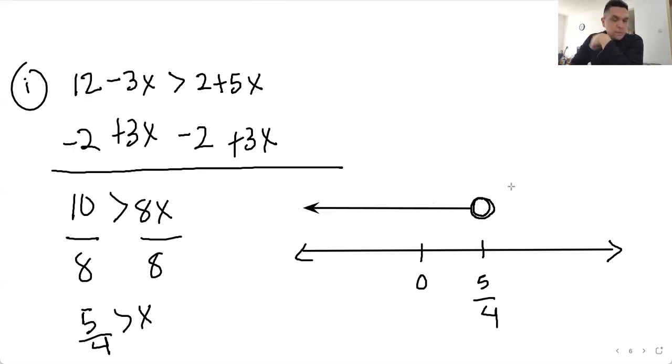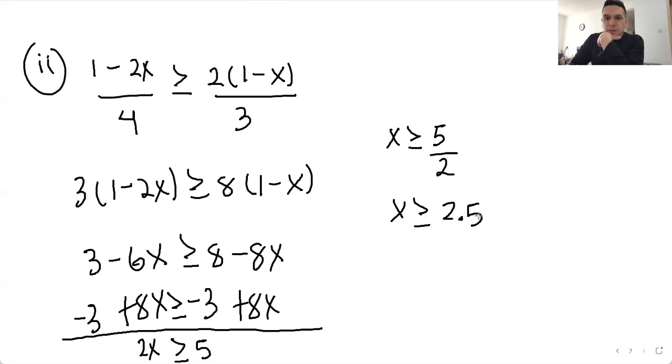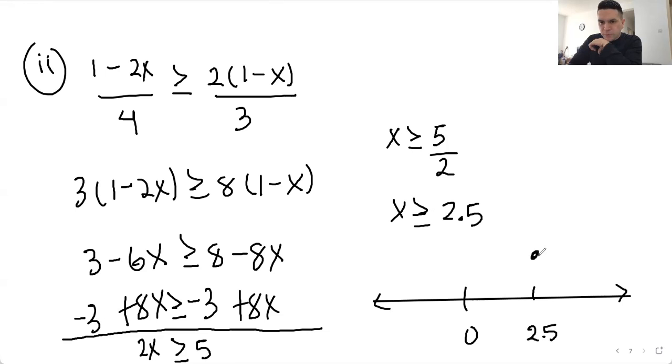Okay. Our next one, x is greater than or equal to 2.5. So let's see. Number line here, locate 2.5. Okay, 0 approximately here, 2.5. And then it is included, so the circle is going to be filled in.